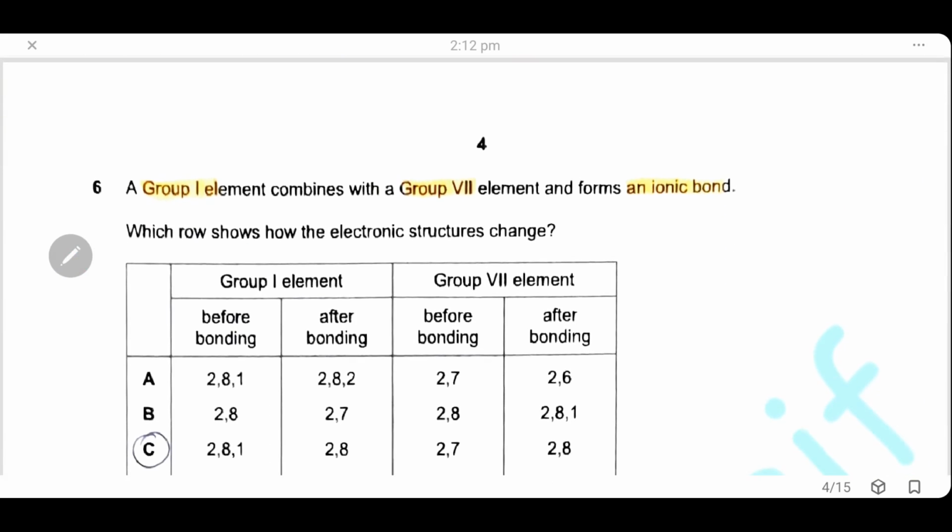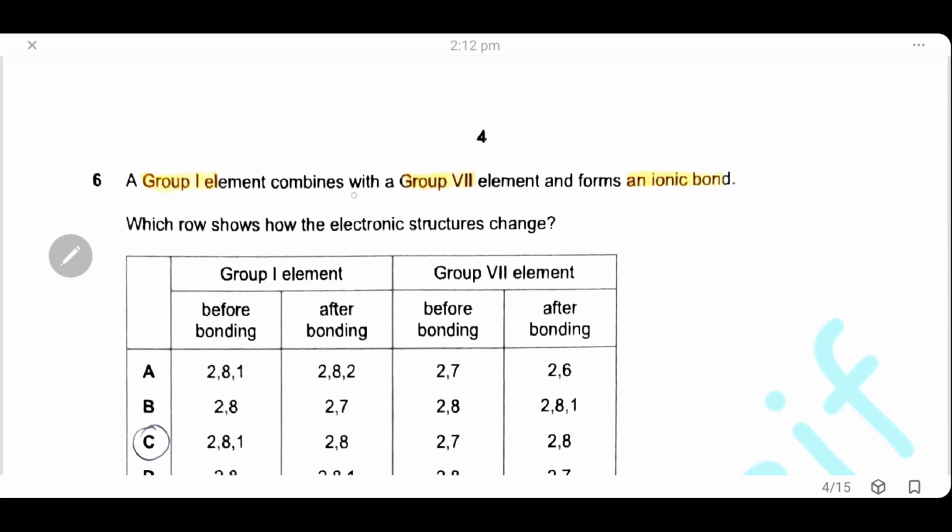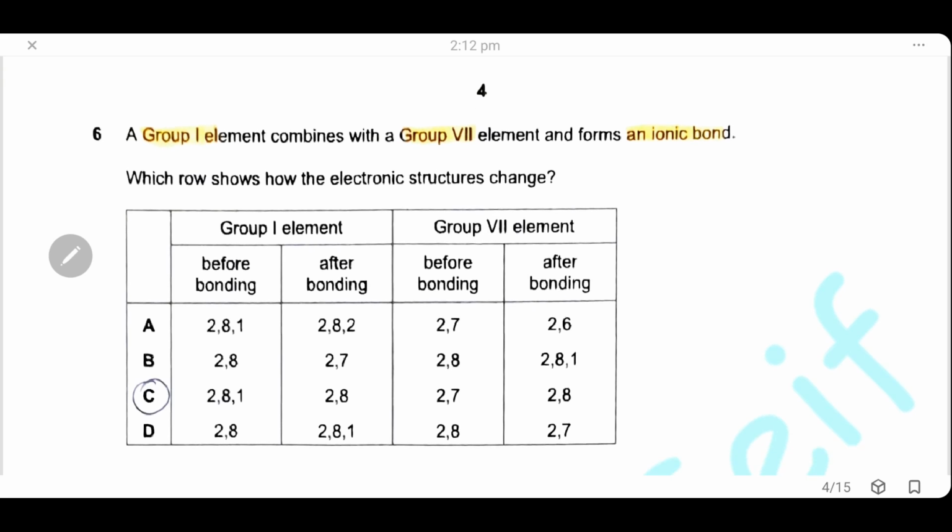Question 6. A group 1 element combines with a group 7 element to form an ionic bond. Which row shows how electronic structure changes? Group 1 elements have 1 electron in their outer shell, so they form a positive ion by losing this electron, and the electronic configuration after the bonding will be 2 in the first shell and 8 in the second after losing this electron.